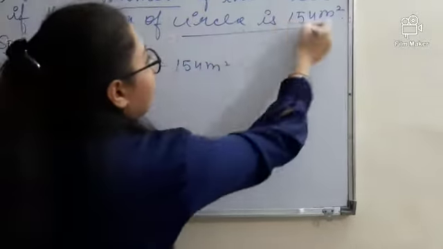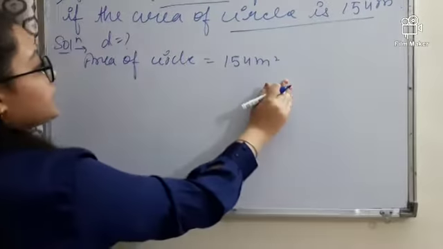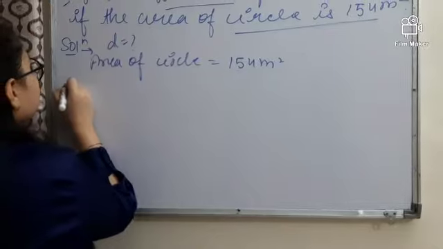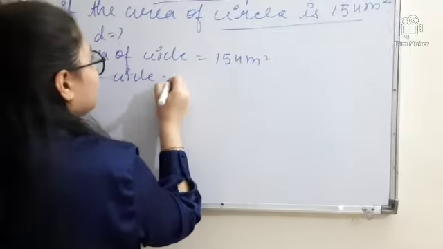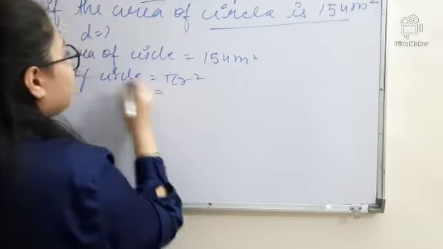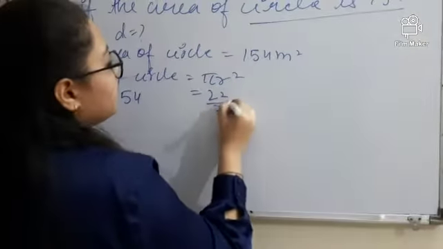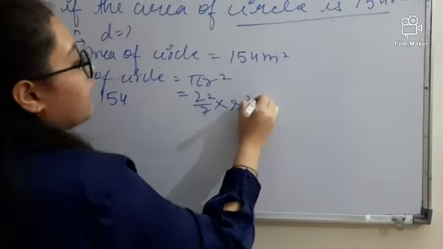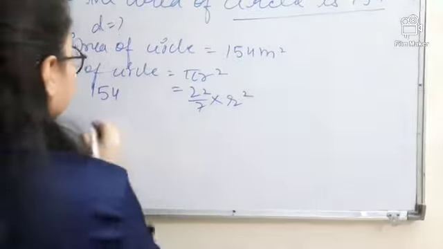It is given here. What is the formula of area of circle? Pi r square. Area of circle is 154. Pi is 22/7. Radius we have to find out for finding the diameter.